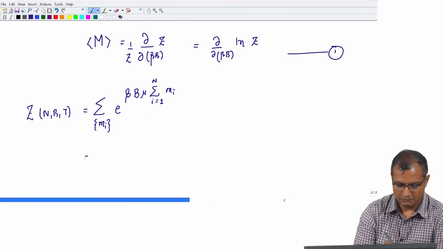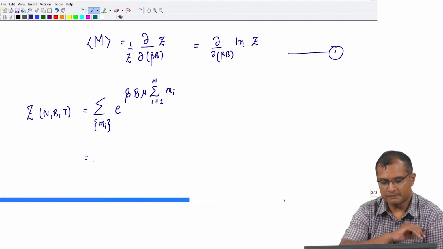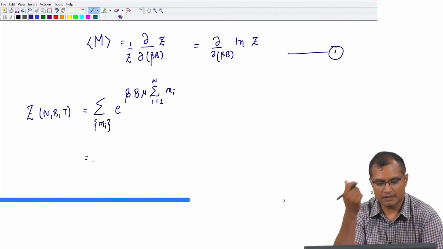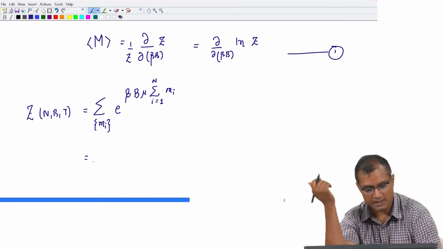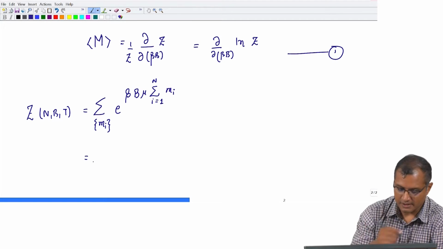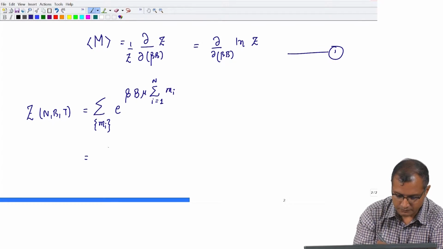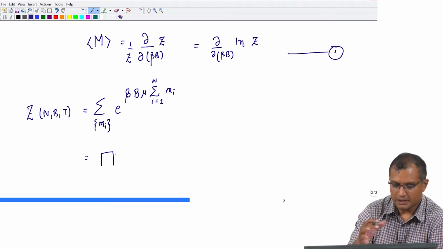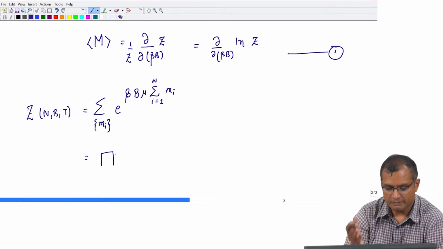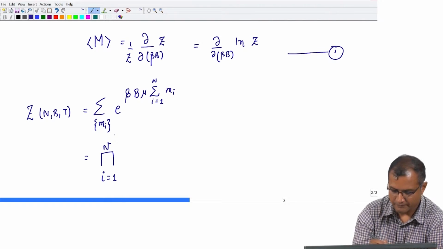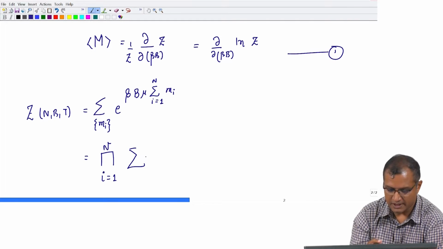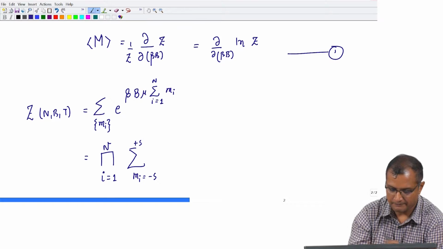I can now split up these summations, because they are summations over the degrees of freedom, the microstates. I can rearrange this in the form that simply the exponents that are added up now become products. And for each i that I have taken outside, I can take my mi's to go from minus s to plus s.